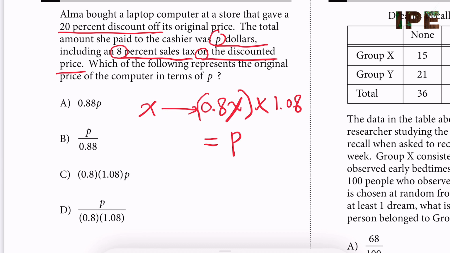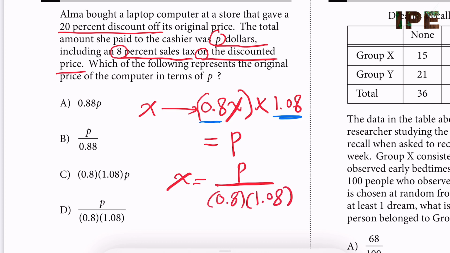So it asks what is X, what is the original price in terms of P. Solve this equation for X. So X equals P divided by 0.8 and divided by 1.08. So P over 0.8 times 1.08. So what is the answer? D says exactly that, right? So what is the key point for this problem?